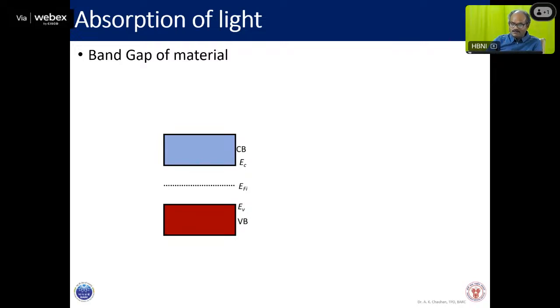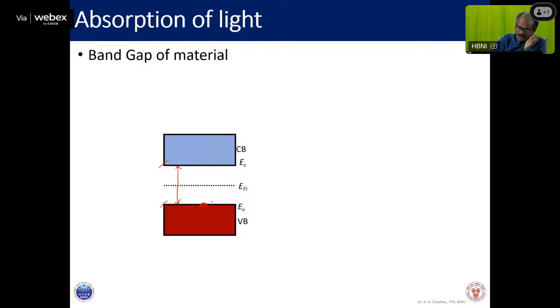There is another important thing, that is the band gap of the material. If you have a material which has this band gap, any light which has energy less than this band gap energy, if it is passing through this material, the electron at the top of the valence band does not have any energy levels in this forbidden gap in order to absorb this energy.